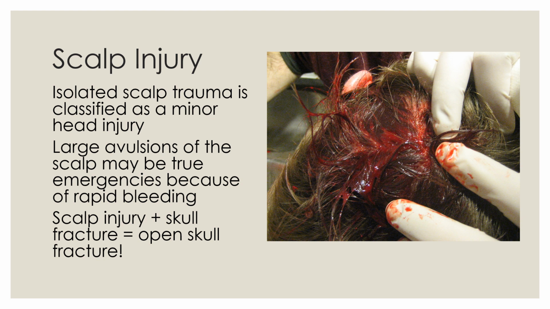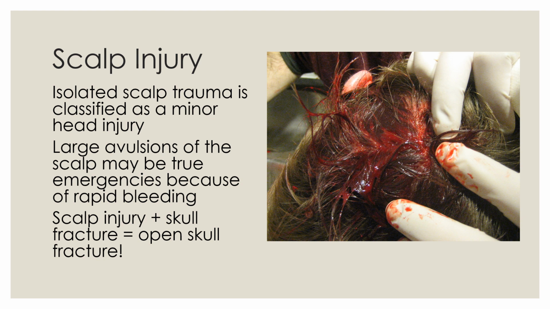When a scalp injury is associated with a skull fracture, we have a much more serious injury than either of those by itself, and that would be called an open skull fracture. So scalp injuries are just something to be aware of as requiring attention and control.